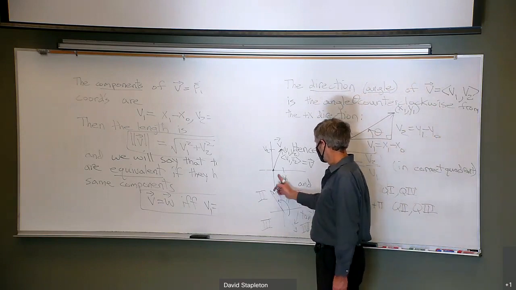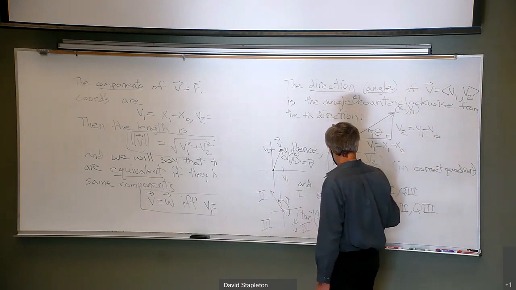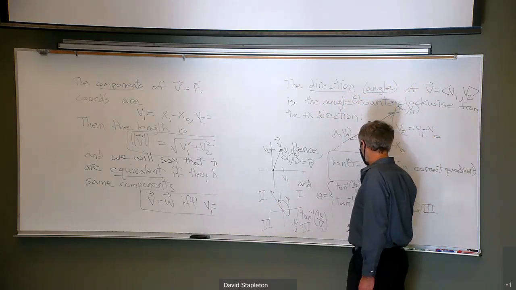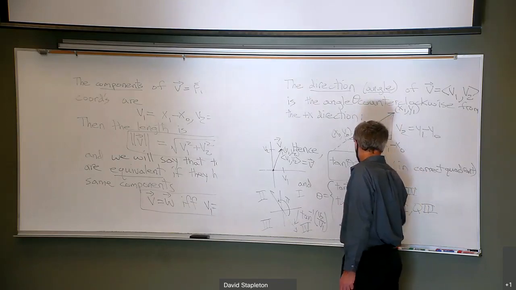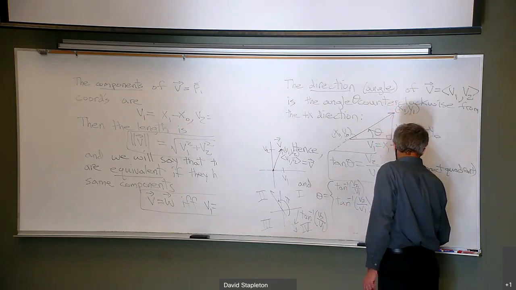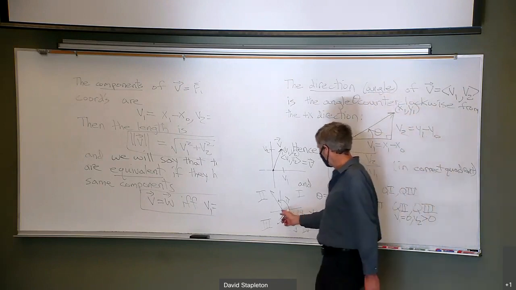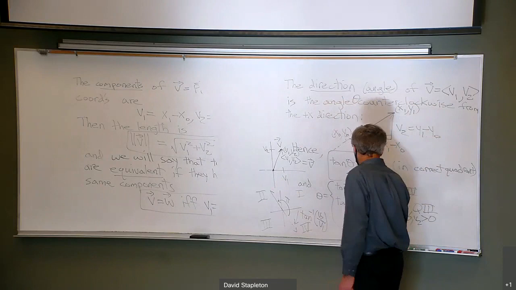Of straight up and straight down, those two quadrantal angles, because if you take a vector with V1 equal to 0, you get a division by 0 here. So if V1 equals 0 but V2 is bigger than 0, then you've got no x component but a y component, and it goes up, so the angle must be pi over 2.